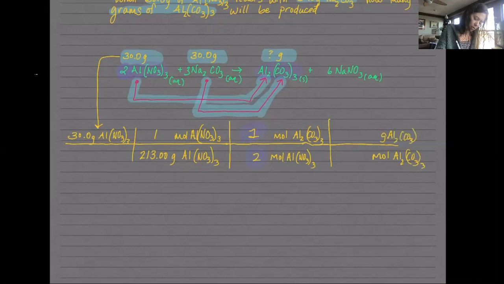I now need to go to my periodic table and determine the molar mass of 1 mole of aluminum carbonate. For aluminum, that is 2 times 26.98. For carbon, how many do we have? We have 3. So that's 3 times 12.01.